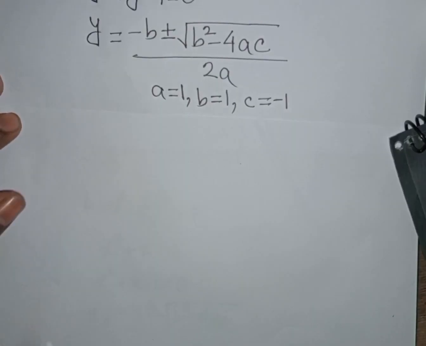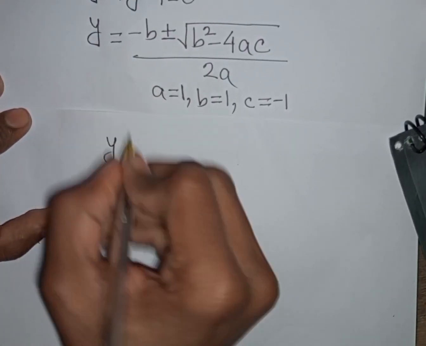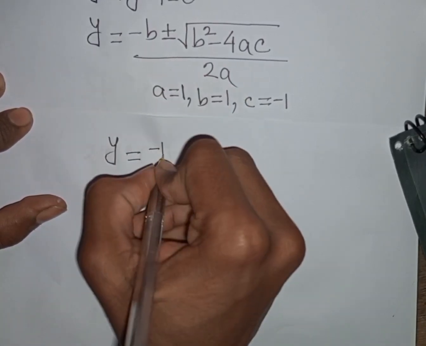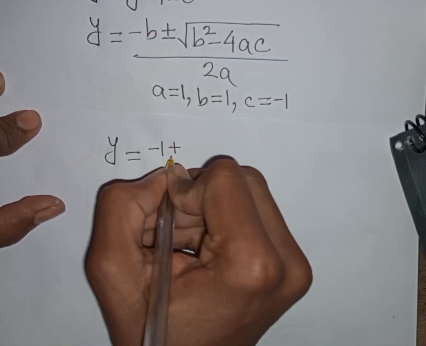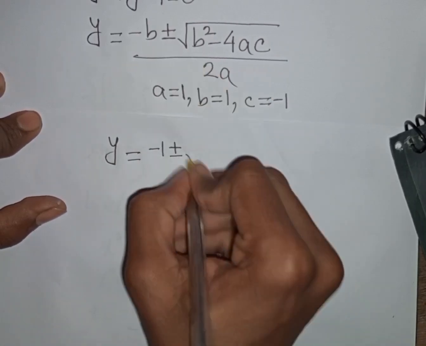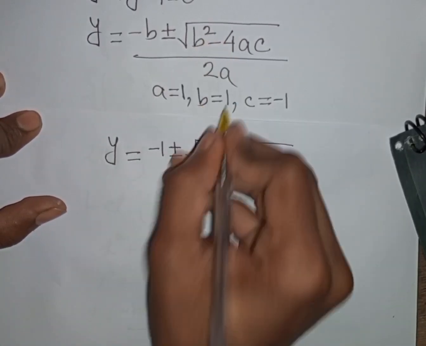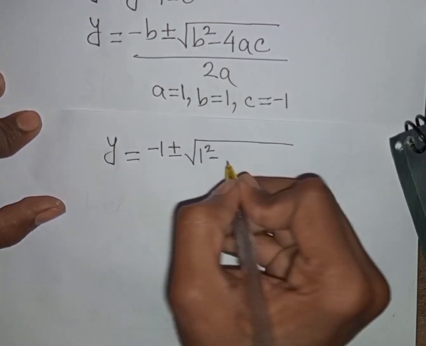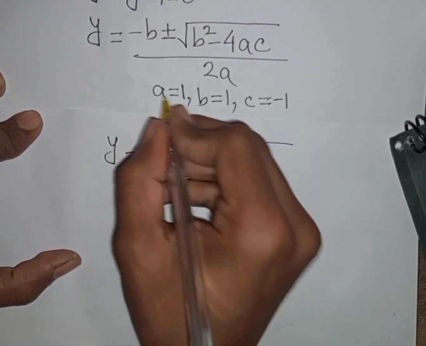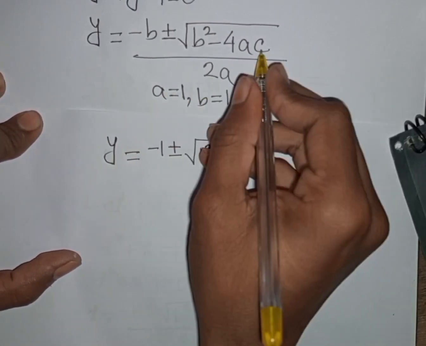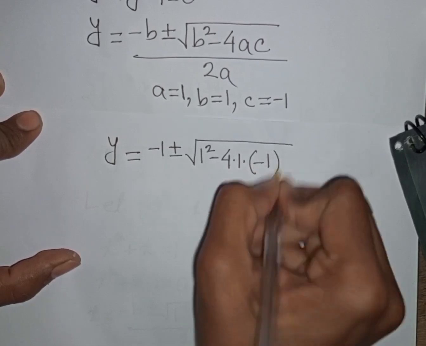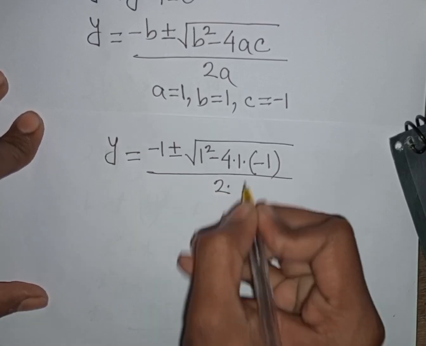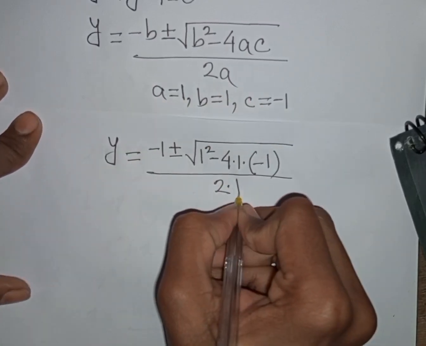Now we can write y is equal to minus b, that means minus 1, plus or minus square root of b square, that means 1 square, minus 4 times a, that means 1, times c, that means negative 1, divided by 2 times a, that means 2 times 1.